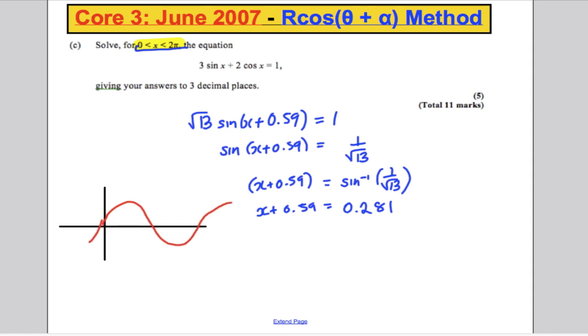Okay, I've got one answer here, that's 0.281. So there'll be another answer back here, which will be pi take away 0.281, and there will be another answer over here, which is going to be 2 pi plus 0.281.